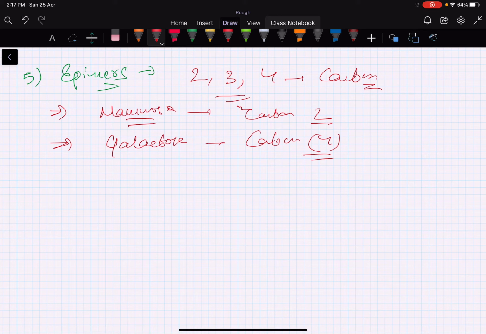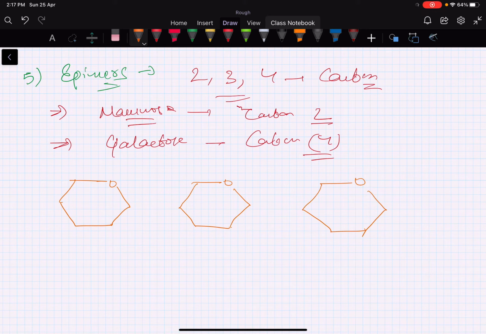So this is alpha D glucose. Here we will have alpha D galactose, and here we will have alpha D mannose.